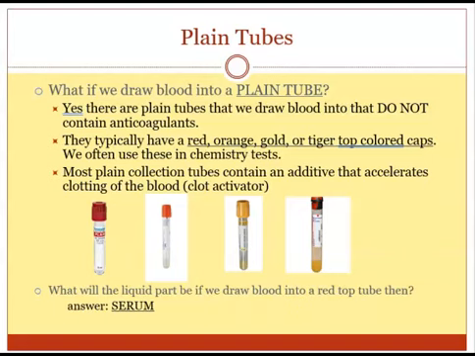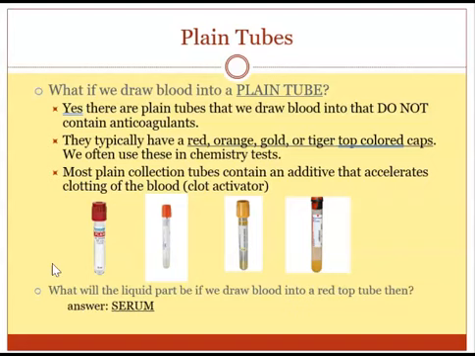And with your plain tubes, you're going to end up with a specimen of serum. Usually our plain top tubes are red top tubes, but they also could be orange top or gold top or even what's referred to as a tiger top. And yes, these tubes are all referred to as plain tubes, they do not contain anticoagulants.